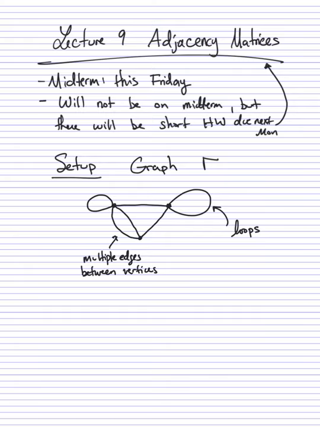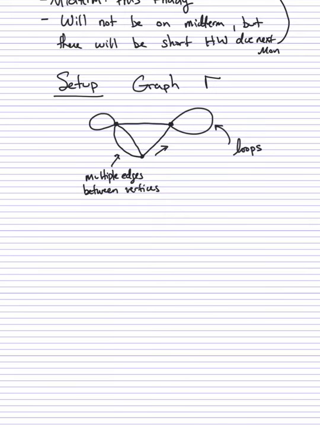At some point, you can also add directions, but I won't do that just yet. You can label all of these edges so that the edge goes from V1 to V2 instead of the other way around. So far I'm not going to label anything.